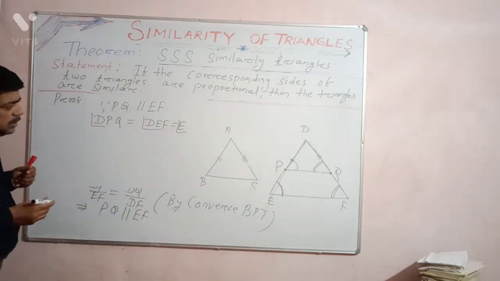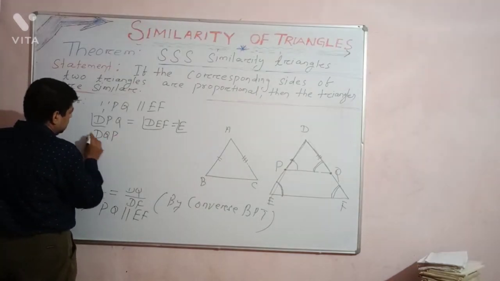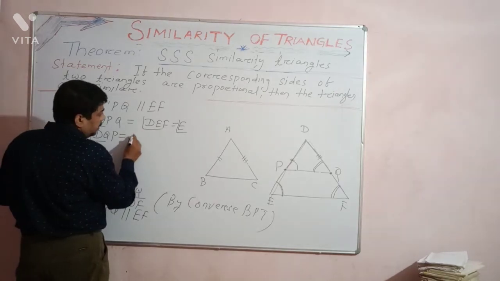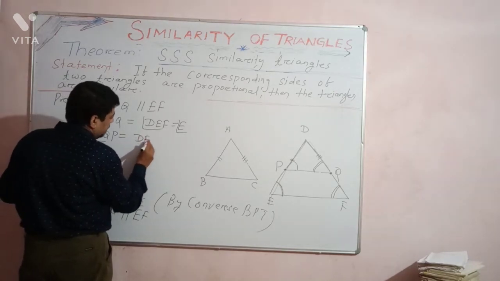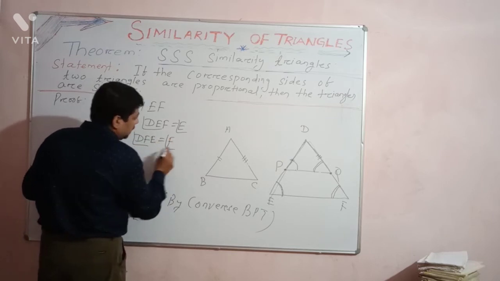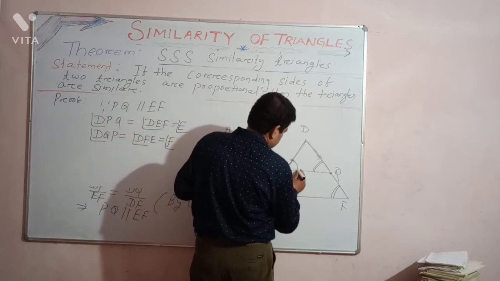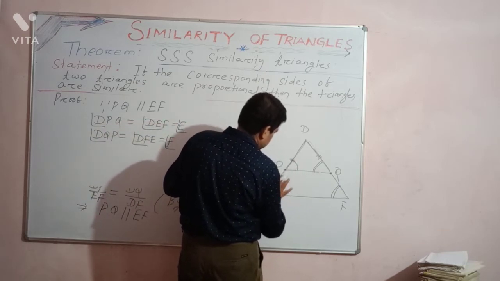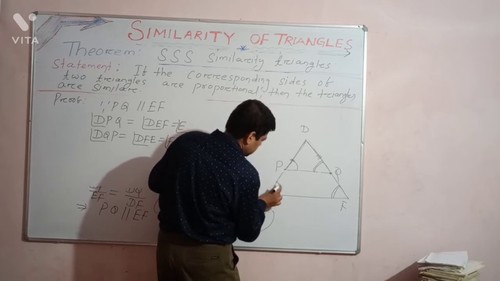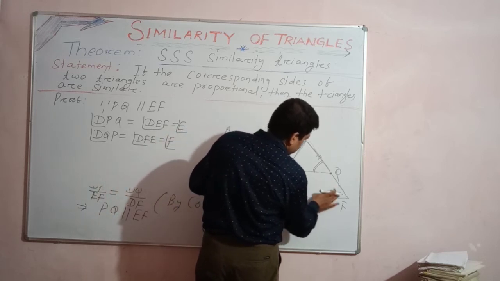Yes or no? Similarly, angle DQP is equal to which angle? Angle F, or angle DFE. Is it clear? Since PQ is parallel to EF, this angle is equal to this angle, and this angle is equal to this angle. Understand?